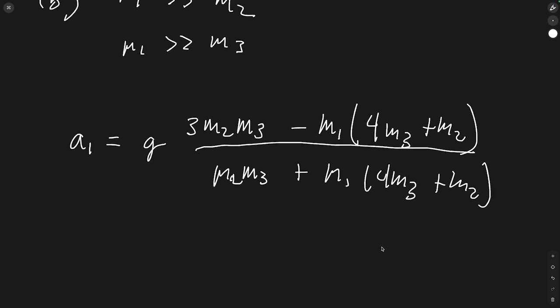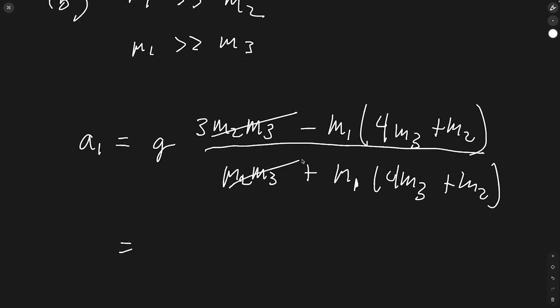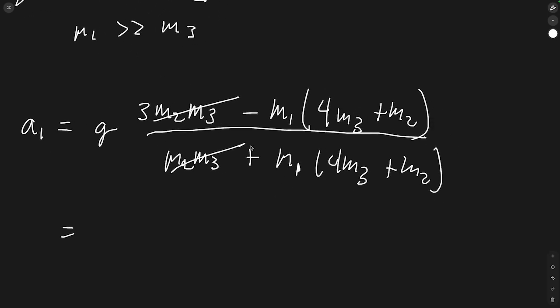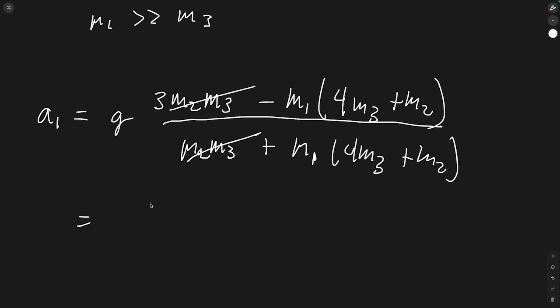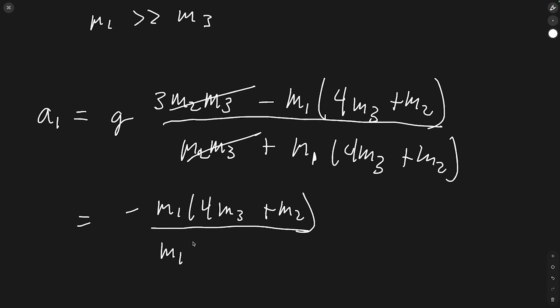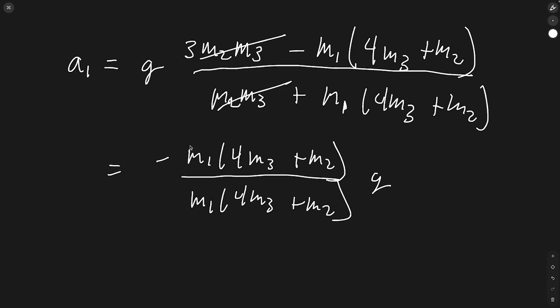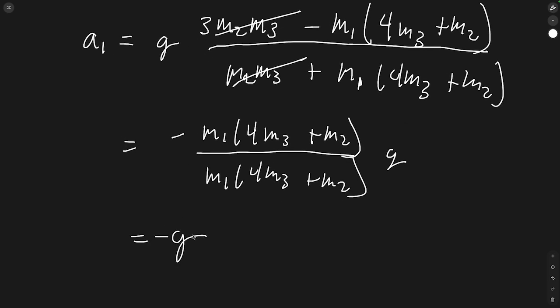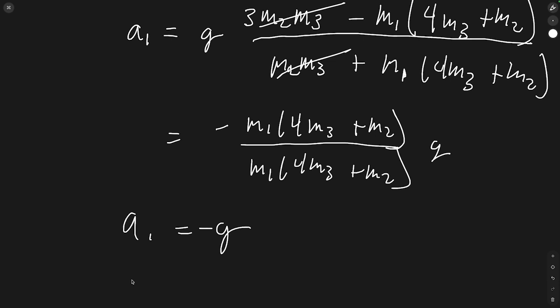Okay, so what I'm thinking is these terms basically vanish, and we're left with negative M1 times 4 M3 plus M2 over positive M1 times 4 M3 plus M2, times G. And this is negative 1. So this is negative G, right? So that's exactly what we thought.